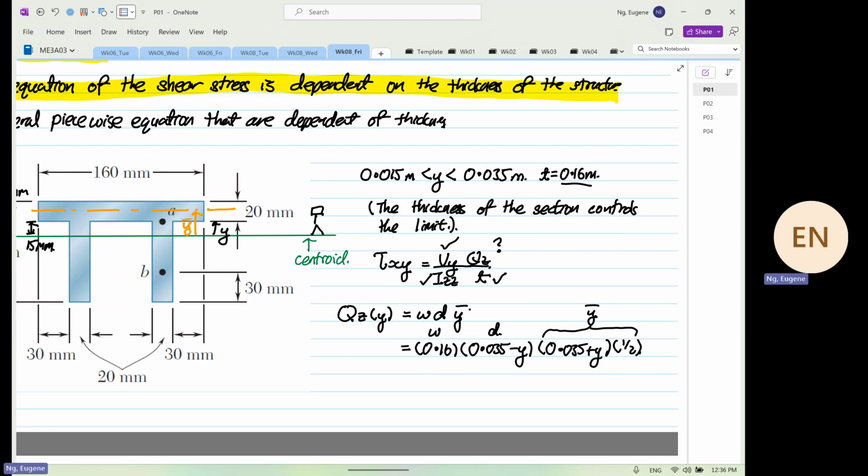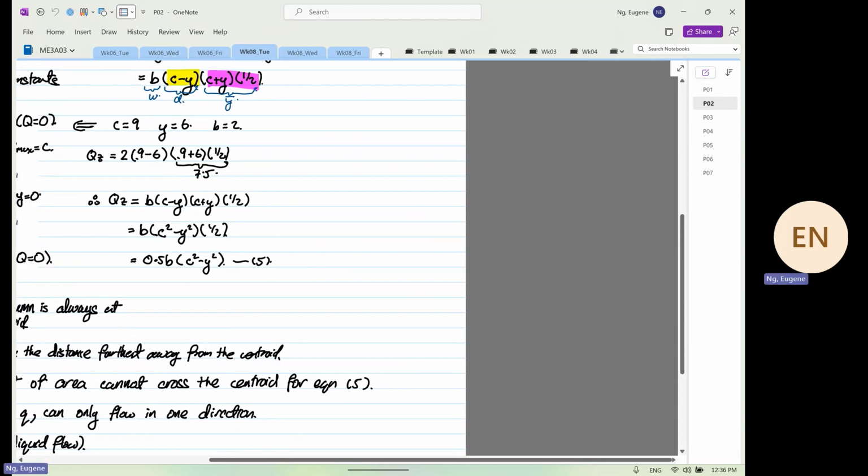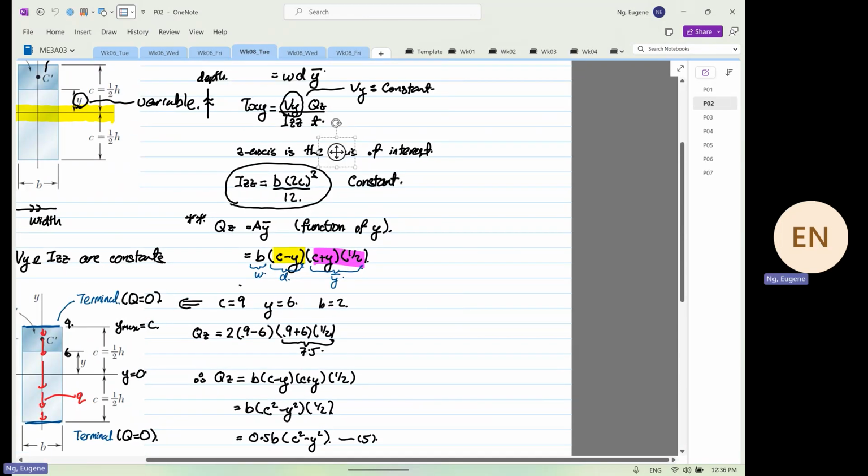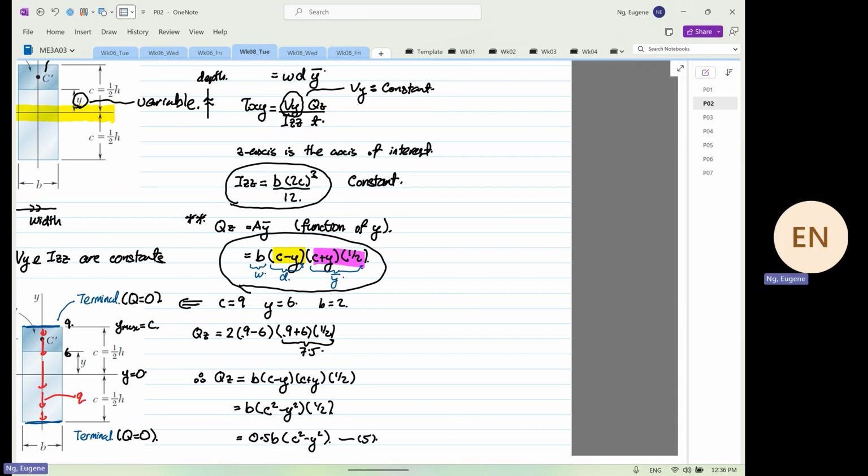You have seen this before. I repeat again, you have seen this before, in Tuesday's lecture. If we go back to Tuesday's lecture, look at this expression: b times (c minus y), (c plus y), multiplied by half. Are we clear? You've seen this before.